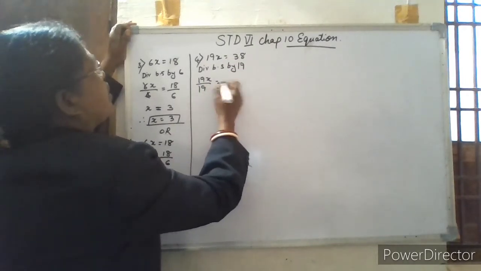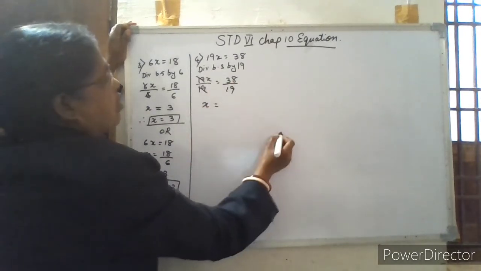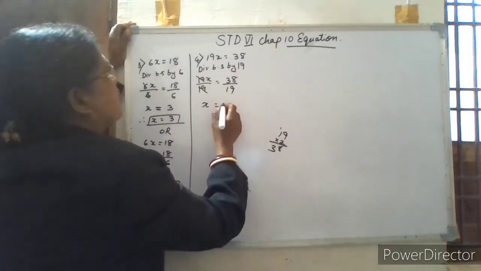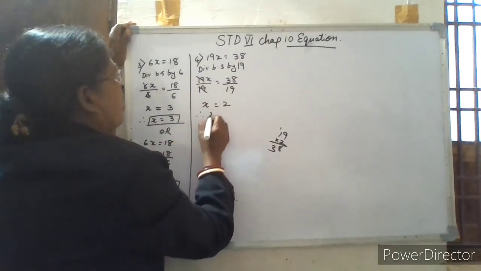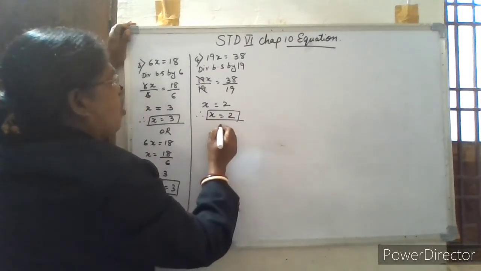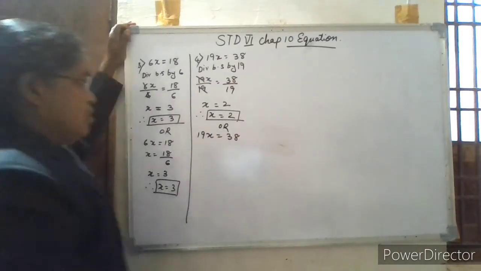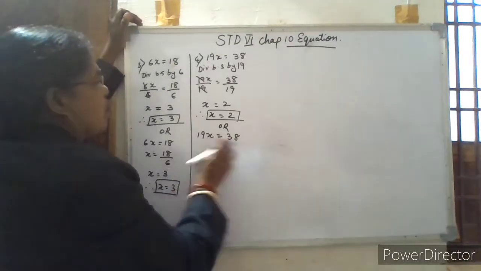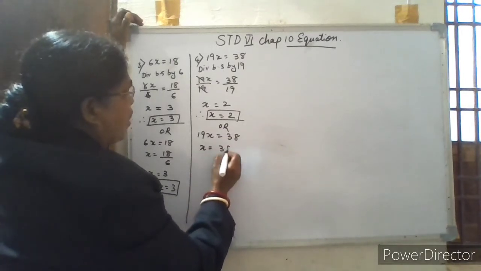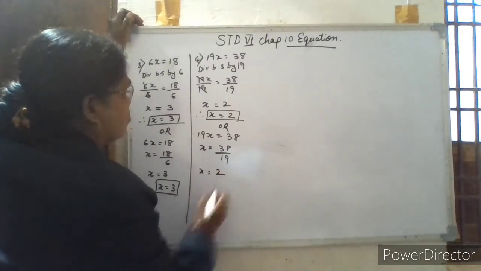The 19 cancels and only x remains. 19 times 2 is 38, so x is equal to 2. Or by the second method, take the equation 19x is equal to 38. Directly we transfer 19 to the other side; since it is multiplied, it goes as division. So x is equal to 38 divided by 19. 19 twos are 38, therefore x is equal to 2.